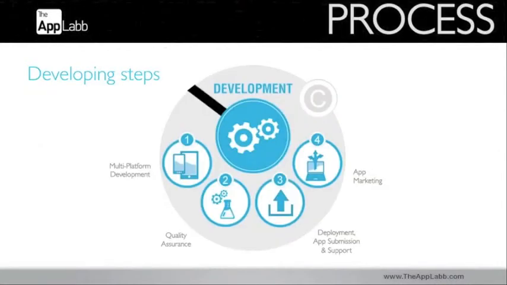The next step, obviously the most important step, is the app development itself, which mainly involves developing the app for multiple platforms. An important consideration when it comes to multiple platforms is whether you're building a native application or a hybrid application.